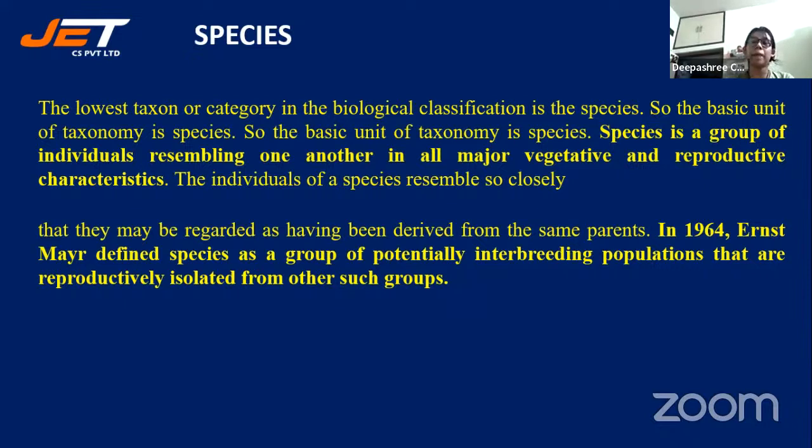It is the basic unit of taxonomy, and species is a group of individuals resembling one another in all major vegetative and reproductive characteristics. But remember, this is not the true definition of species. Many scientists have tried to define species in different ways. Some have said that maybe those who look similar are a species.